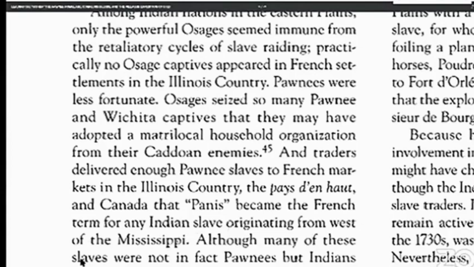You hear that? It was a general adjective or description, right? It wasn't a certain tribe. Eventually it became a term for any Indian slave originating from west of the Mississippi, Pawnees.